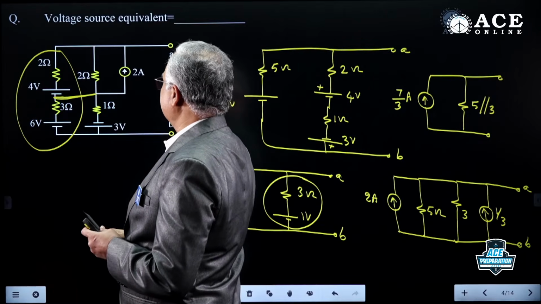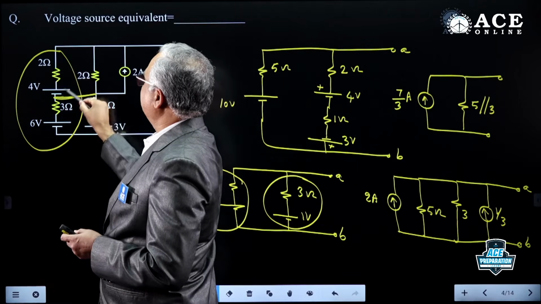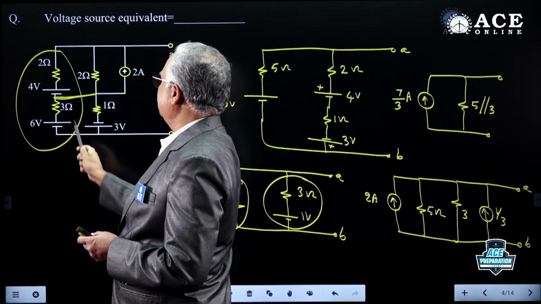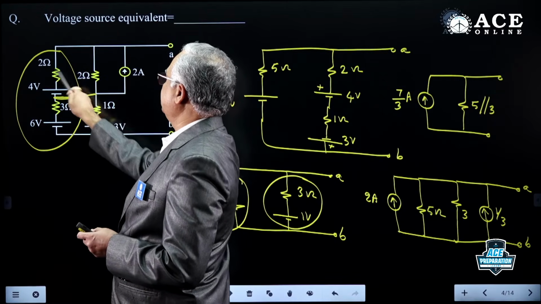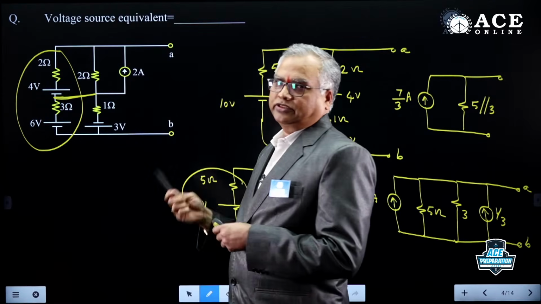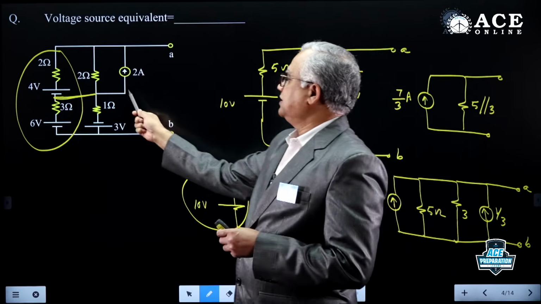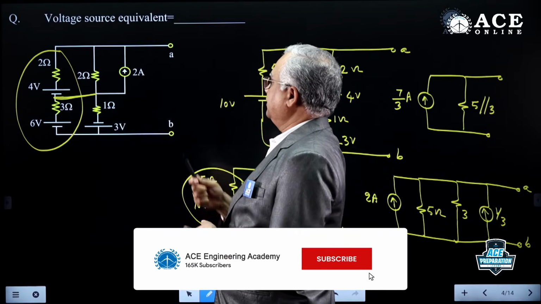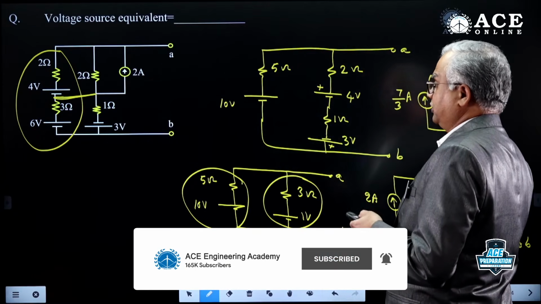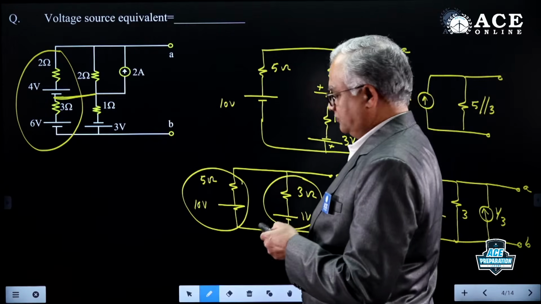In that case, compulsorily change each into a current source. These two parallel add, these two parallel add. They again both convert into a voltage source, add. So depending on this small change, everything will be disturbed. So be careful when you are using source transformation.